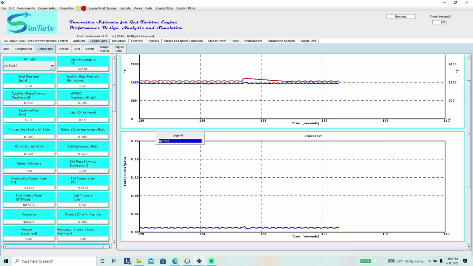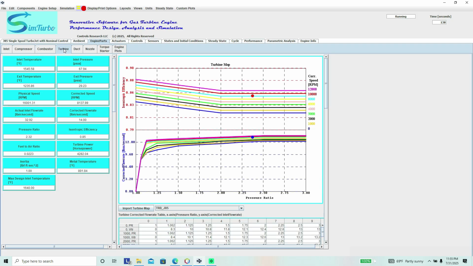And again, we see the different variables changing as a function of time. Turbine. We're looking at the turbine map, and you can see a lot of oscillation. The reason is because we have very sensitive slopes on the turbine map.